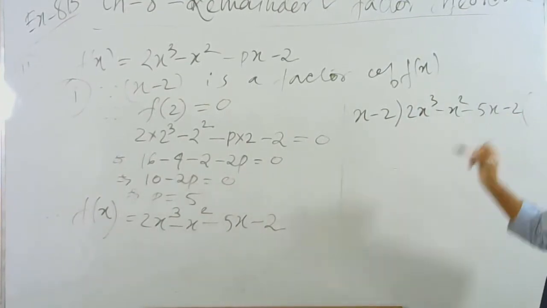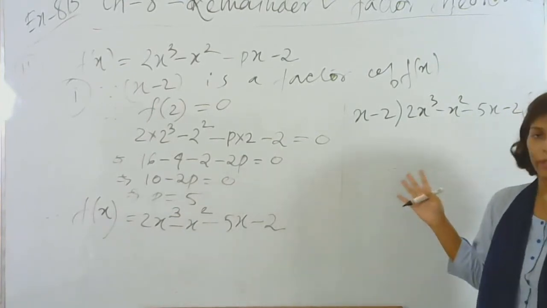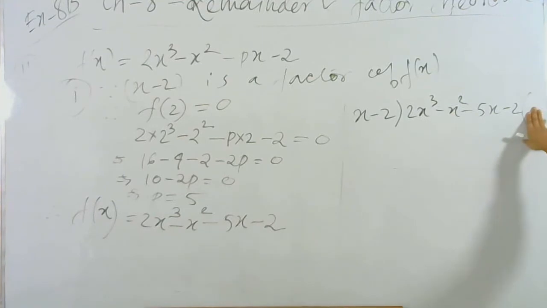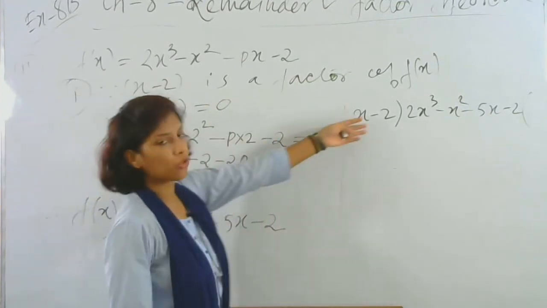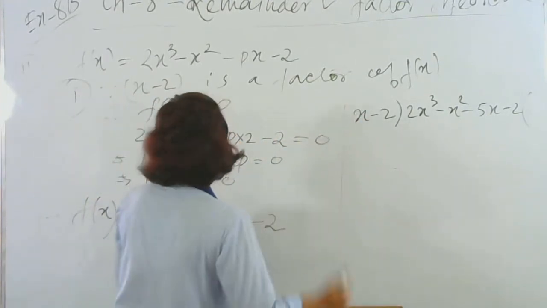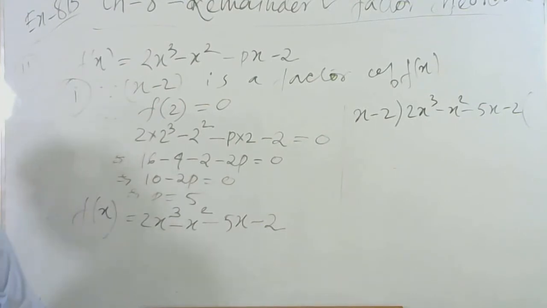Once you find the quotient, you'll apply the same method I used a bit before: you factorize the quotient again. Then you'll get the other two factors. This one I'm not doing because a bit before I've shown you already how to do it. You find the quotient and factorize it again, then you'll get the answer. I'll go to question number 12.